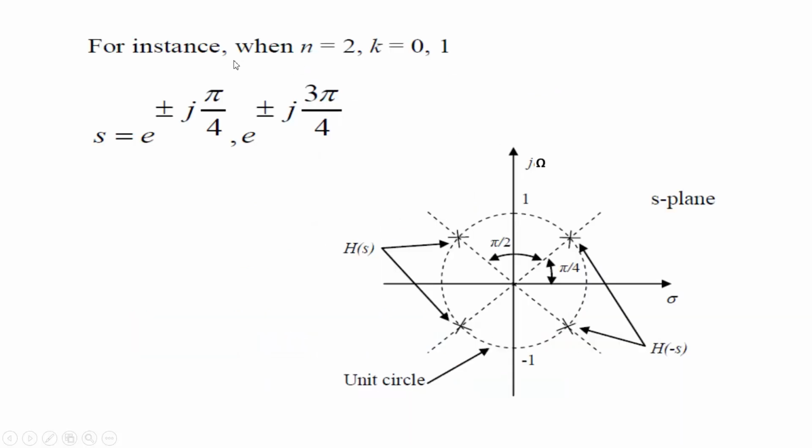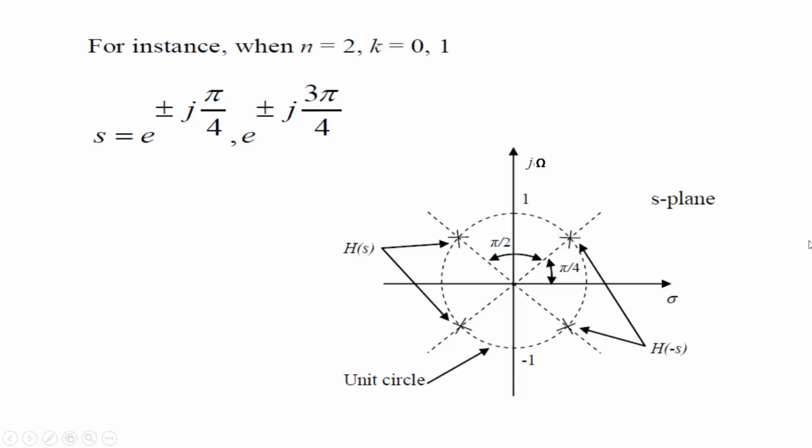Let's take this example. When n is equal to 2, in that case, k will be 0 and 1. For k equal to 0 and 1, we will get the pole e to the power plus minus j pi by 4, and these two poles will lie in the H(s) plane. These two poles will lie in the H(-s) plane.